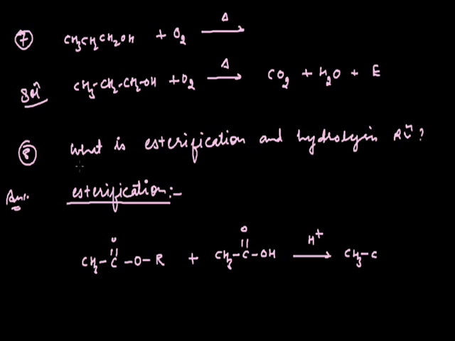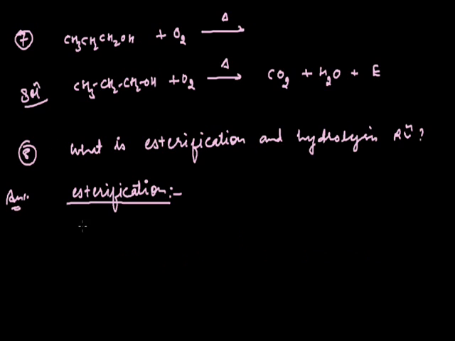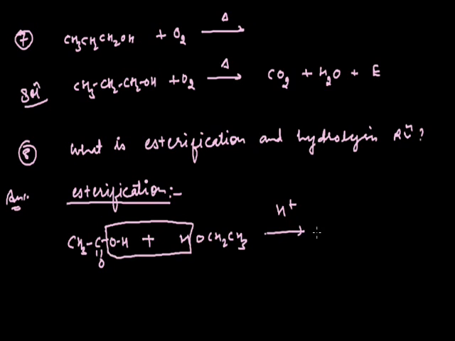For esterification, we require a carboxylic acid and an alcohol in the presence of some acid. There will be removal of H2O and formation of a compound which gives a fruity smell, known as ester, and this reaction is known as esterification.